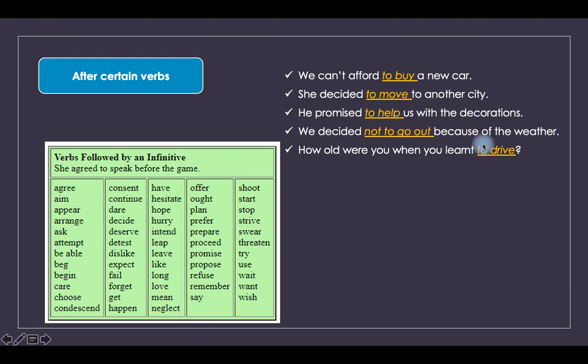Learn is followed by the verb with to. Yeah, decided, again, decide is followed by an infinitive. So when you have two verbs, you must know which should follow a verb or an infinitive after that.